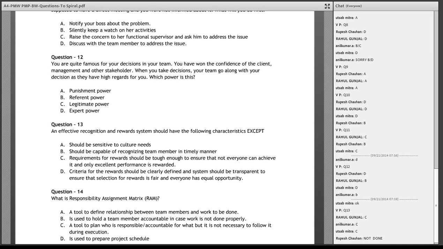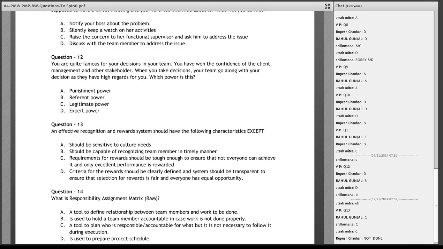C is: the requirement for reward should be tough enough to ensure that not everyone can achieve it and only excellent performance is rewarded. So this is a kind of negative statement, that it should be tough enough so that some people are not able to achieve it. It means we are a little biased towards those people.